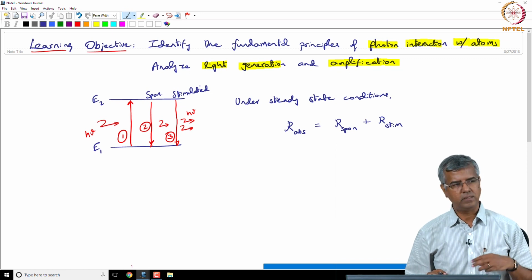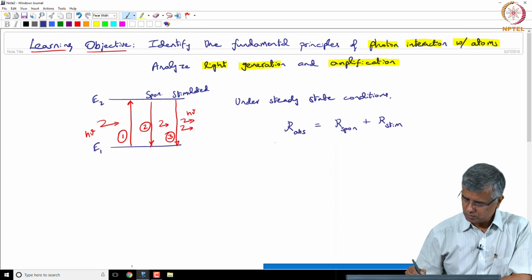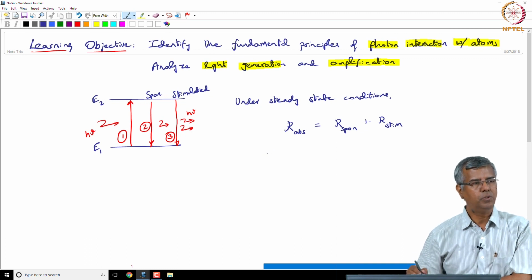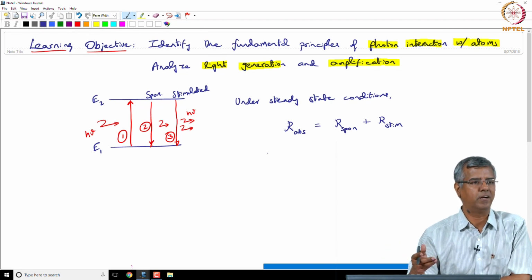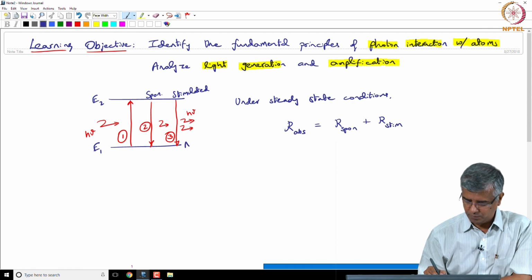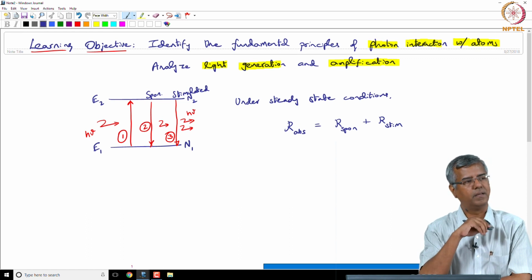Okay. Now, if you want to quantify this, as I mentioned earlier, these are all probabilistic events. So, there has got to be a probability density associated with all of these things. And so, we can basically say for this absorption process to happen, you need to have a certain number of atoms in the ground state, right, at energy level 1. If there are no atoms at energy level 1, then that absorption event cannot happen, right. So, let us just also track the number density of atoms in this level versus this level.